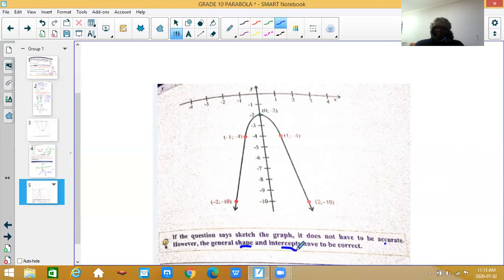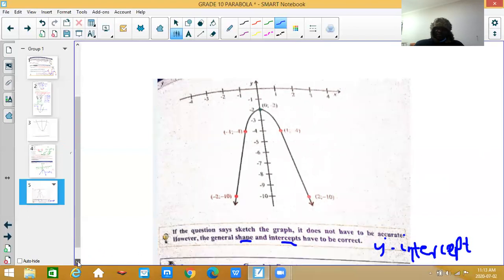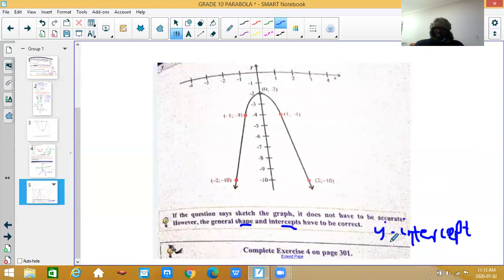That is the y-intercept, and the x-intercepts if they are there.